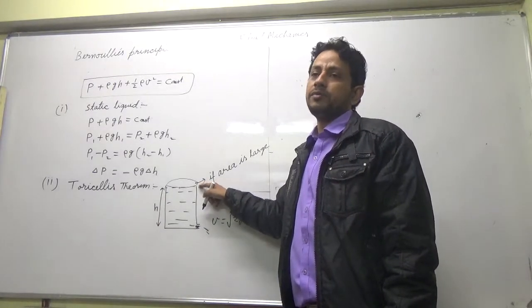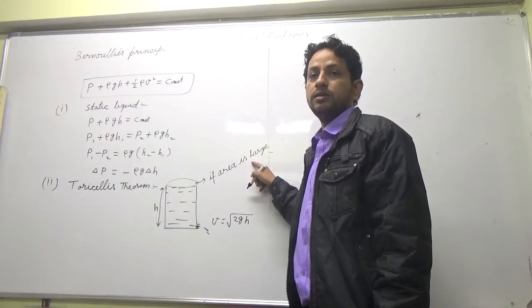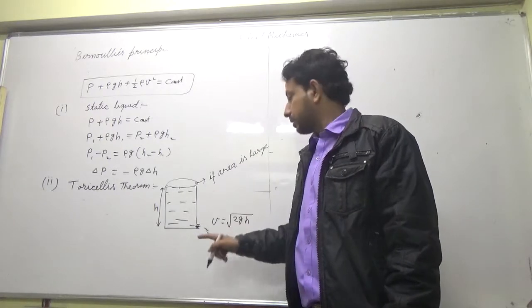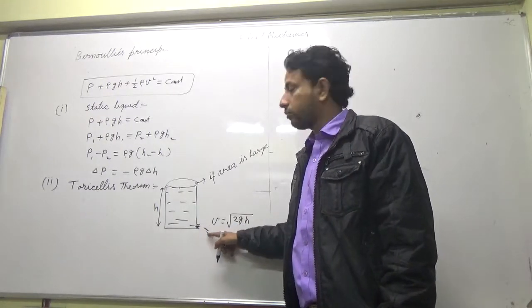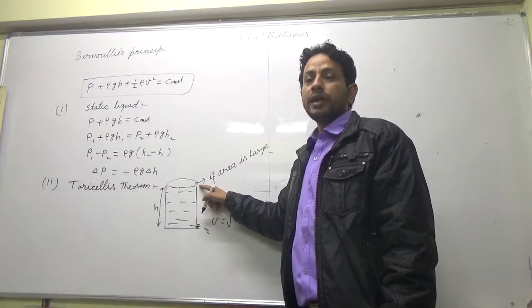So we can neglect this velocity in that case. That's why we have taken a large area. Although in actual practice, if we have some velocity here, we will have a corresponding velocity here also, but this will be very small, so we can neglect it.